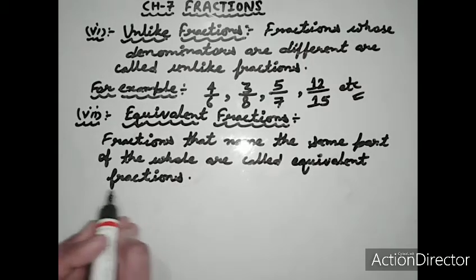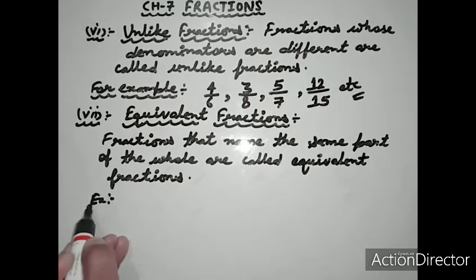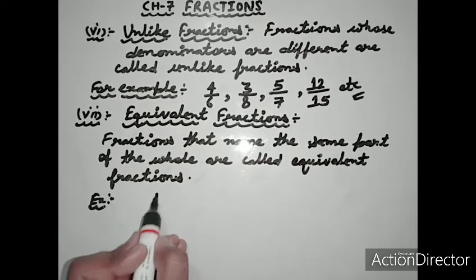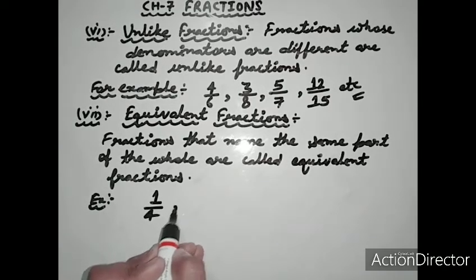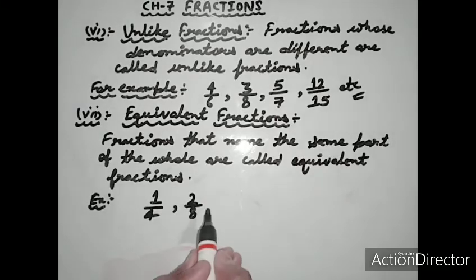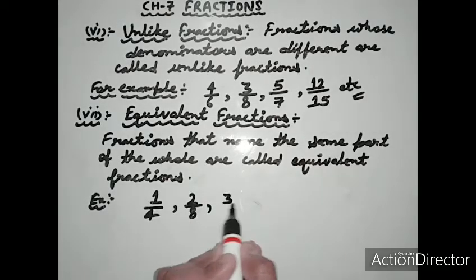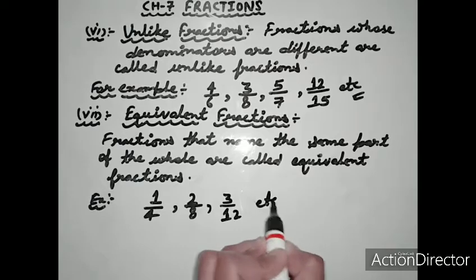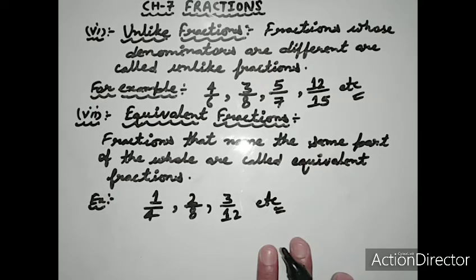Here we take some examples, like 1 upon 4, 2 upon 8, 3 upon 12, etc., are equivalent fractions. Why do we say equivalent fractions?